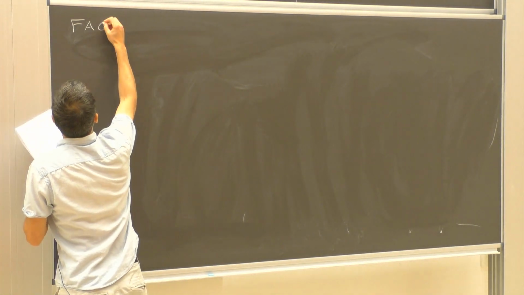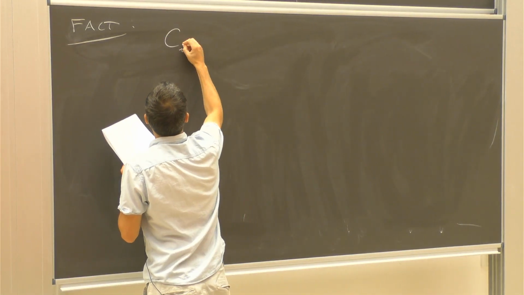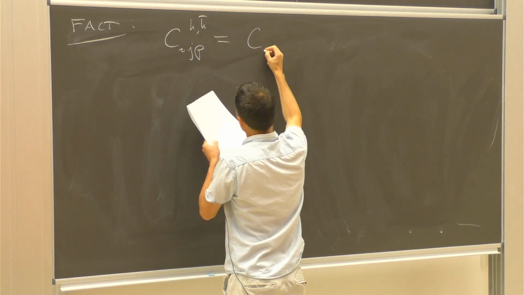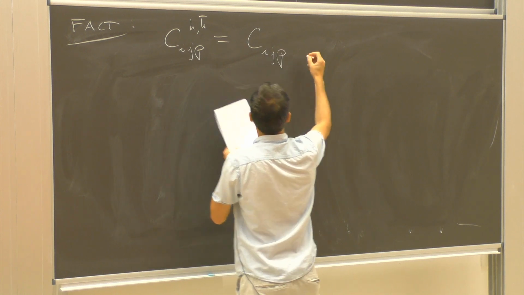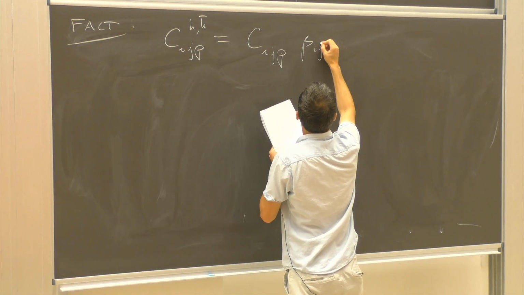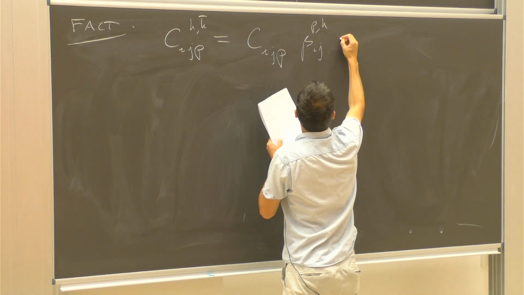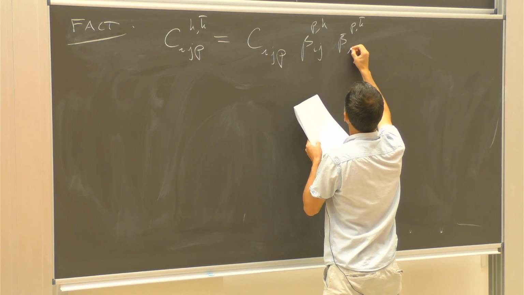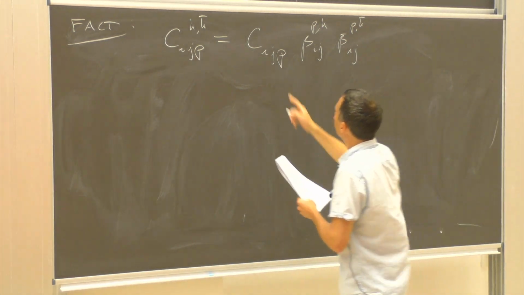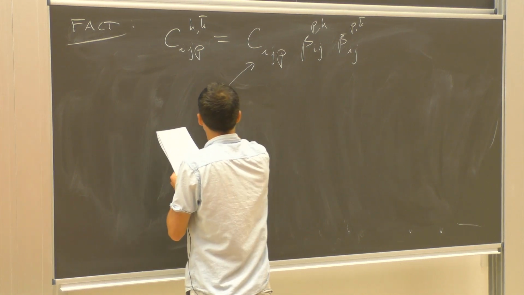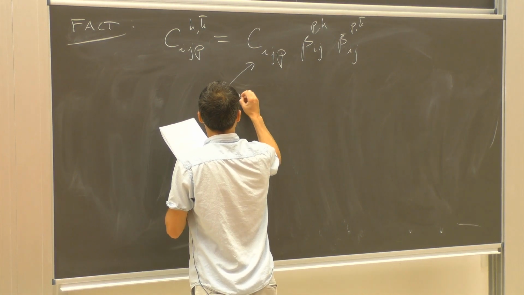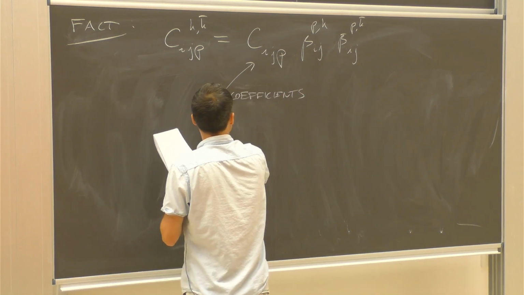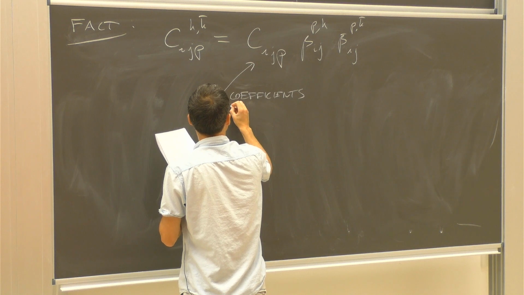And this is quite a non-trivial fact that this C i j p k k bar takes the following form, whereas just C i j p are the OPE coefficients for primary fields.